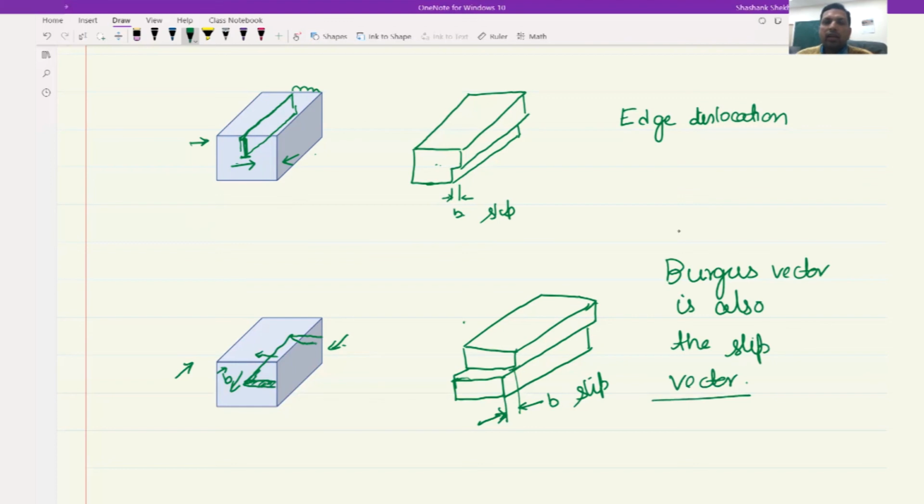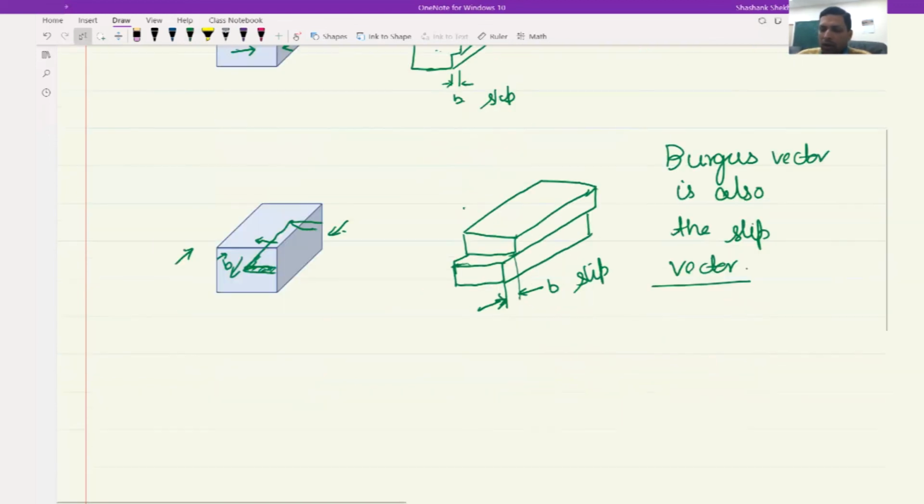It tells us in which direction the overall slip in the material is taking place. And therefore, again, it has a very useful significance with respect to deformation in the material.